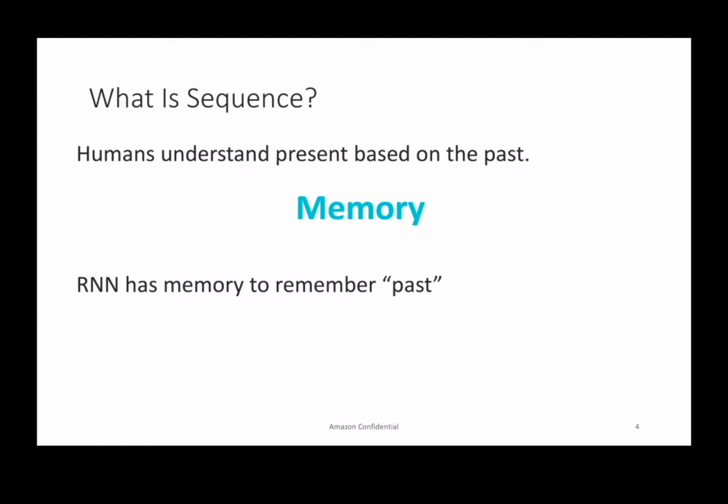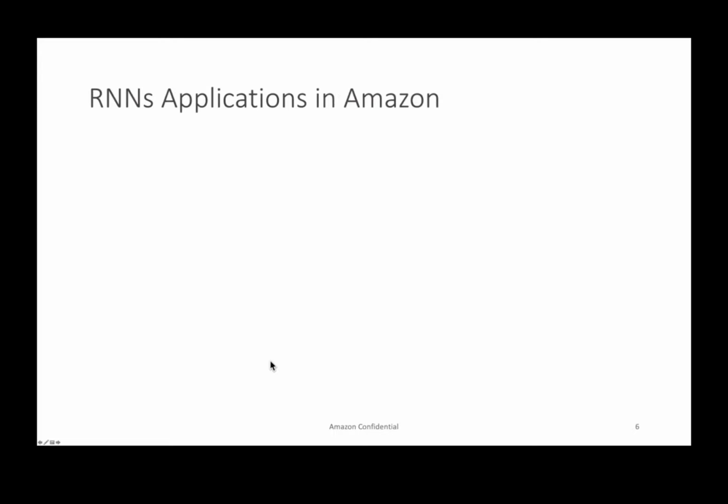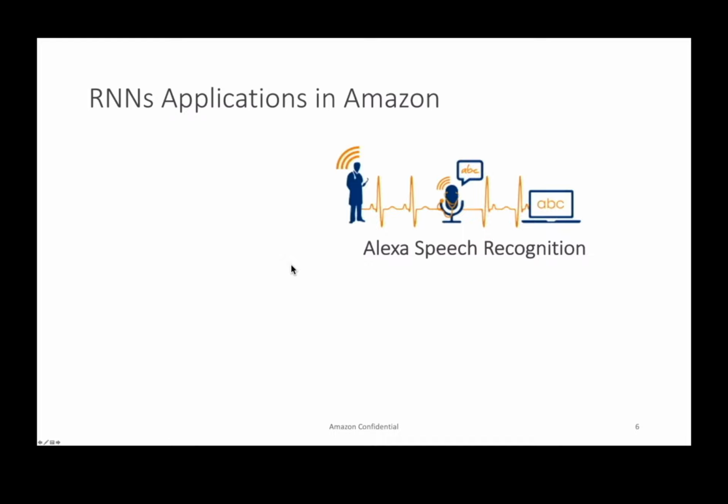We also want to see some of the applications of RNN before we go deep into why an RNN is required. Some of the applications of RNN are speech recognition. Whenever you call to the Alexa device and ask it a question, that gets transcribed into text through an RNN, and then the response is sent back to you.